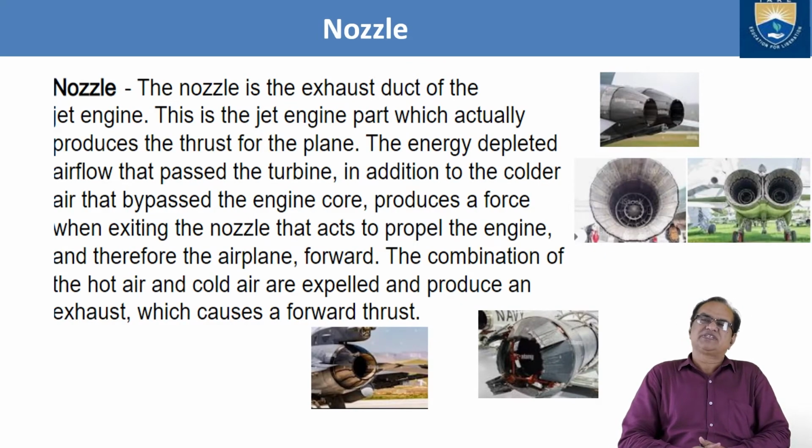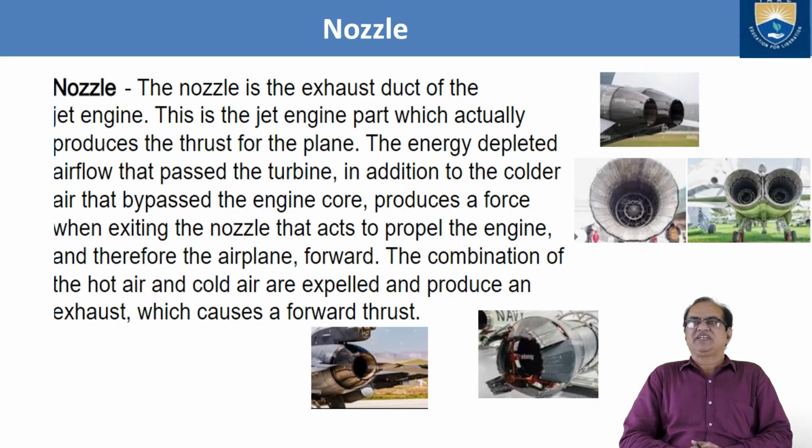Now the next very important part is the nozzle. The nozzle is the exhaust duct of the jet engine. This is the jet engine part which actually produces the thrust for the plane.